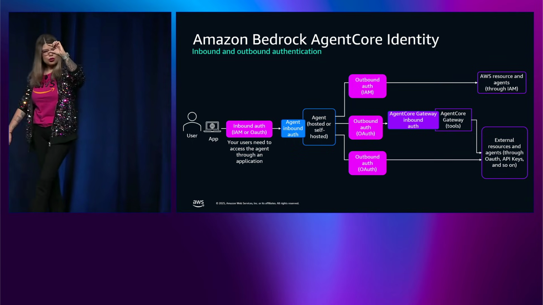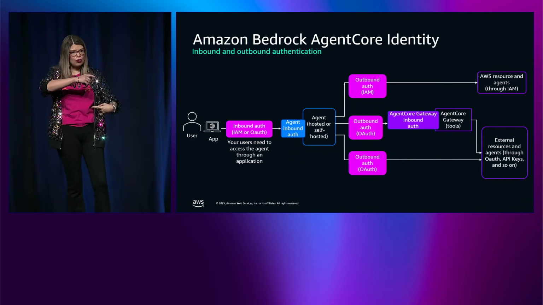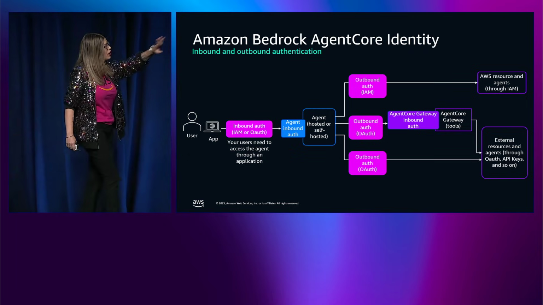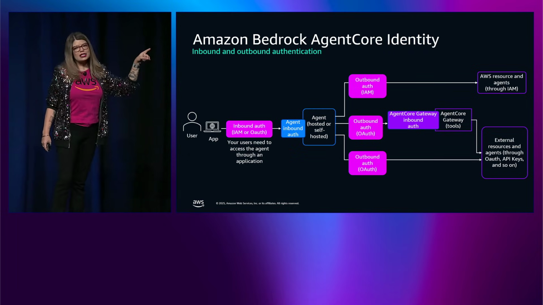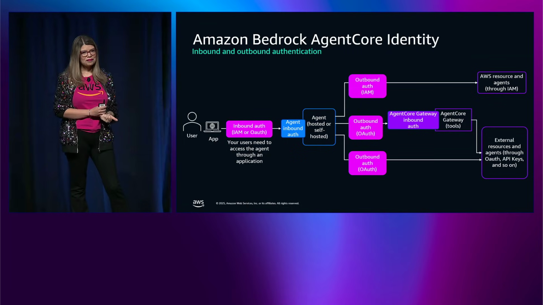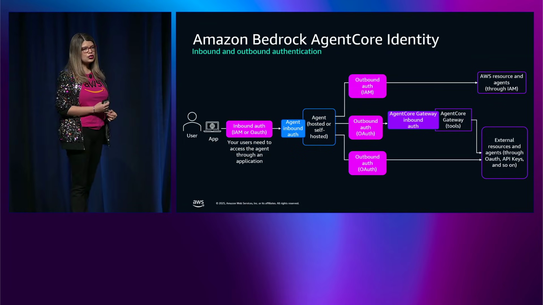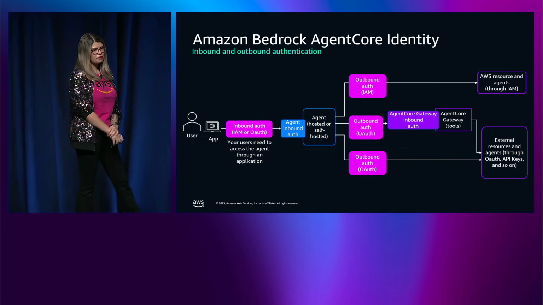You have the token that authorizes you to call the agent, so I'm going to swap it for a new token, so you can call an external tool. But what if I authenticate with IAM, and now to call the external tool, I need to use OAuth?